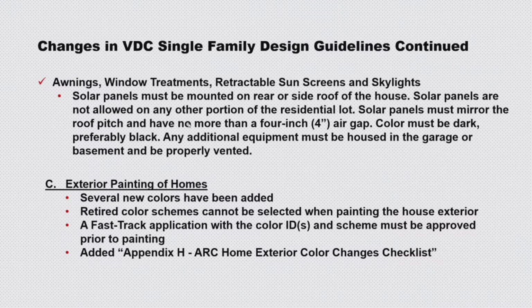Solar panels must mirror the pitch of the roof and have no more than a 4-inch air gap. That means stand off the roof no more than 4 inches. Color must be dark, preferably black, and any additional equipment must be housed in the garage or basement and be properly vented.